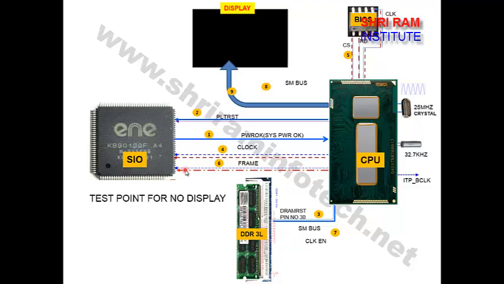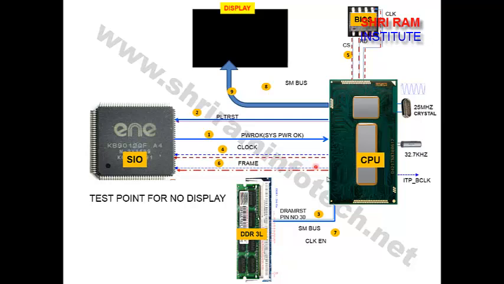There will be some pulses on the initial level when the CPU accesses the bus. It generates pulses. So if these pulses are coming, then the CPU is working, accessing the BIOS, and generating the signal during power on.